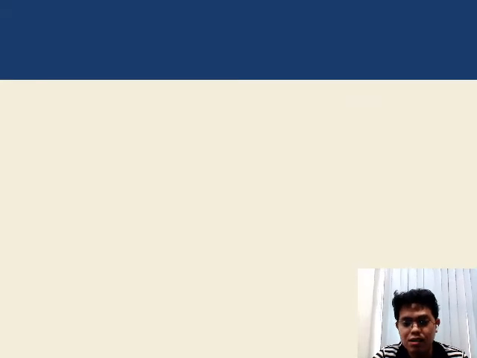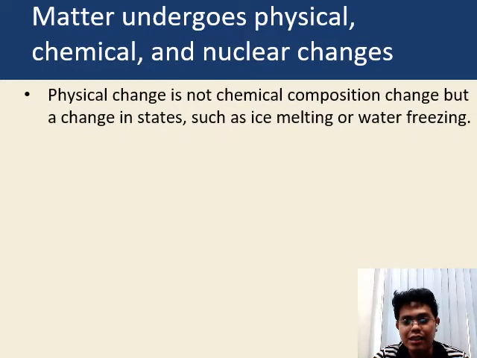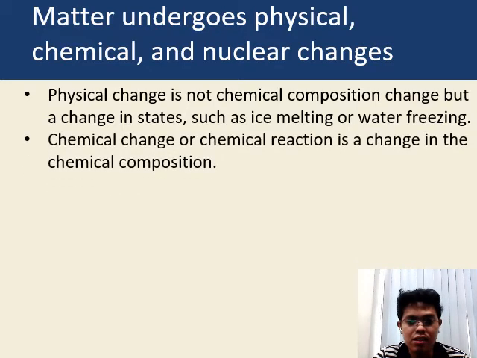As discussed a while ago, matter undergoes physical, chemical, and nuclear changes. In a physical change, chemical composition does not change, but the state changes, from solid to liquid, or liquid to solid, or solid to gas, and gas to solid, etc. For a chemical change, there is a change in chemical composition.